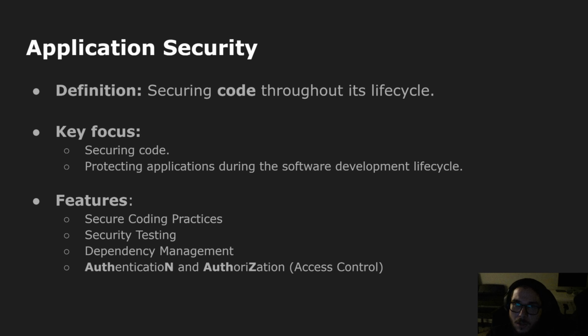The key focus of any AppSec program should include, not limited to, secure coding practices. This means writing secure code, writing code with security in mind to prevent vulnerabilities. What are vulnerabilities? We'll get into that later, but these are things like SQL injection, cross-site scripting, think OWASP Top 10 type stuff. We'll get into that later too.